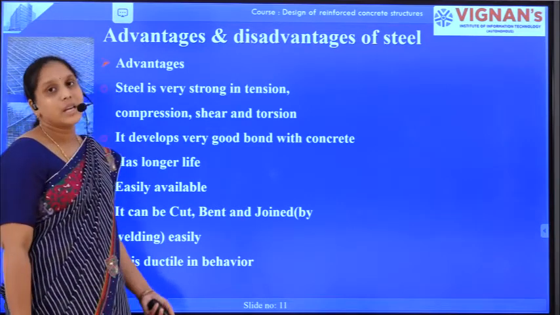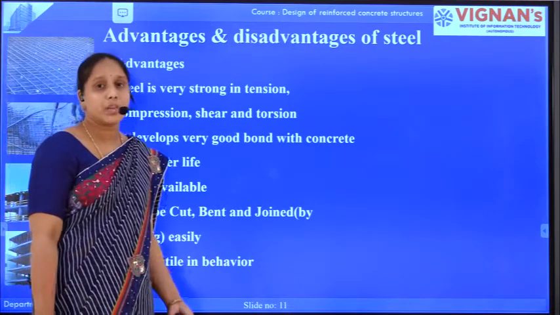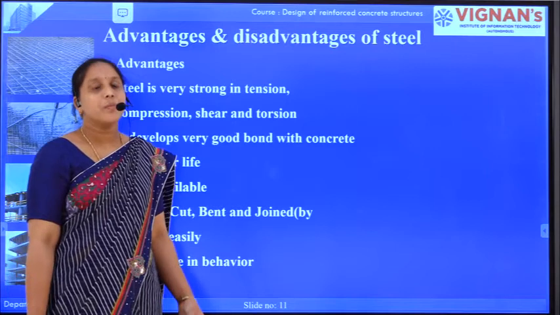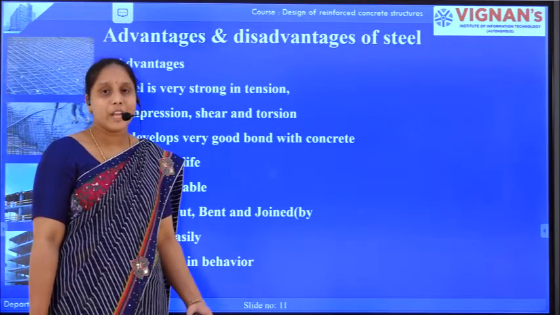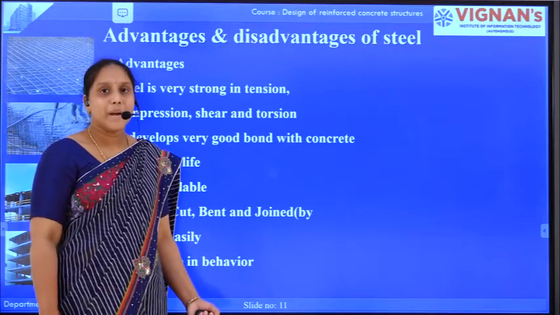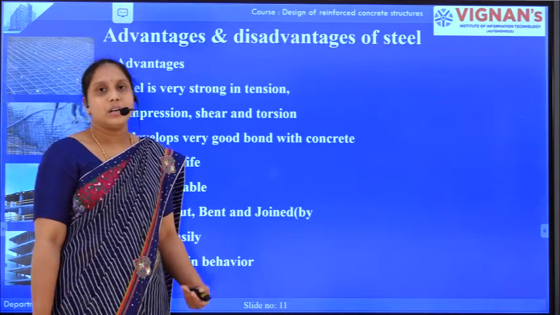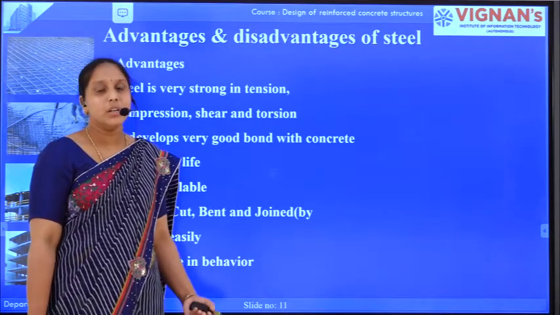And steel is ductile in behavior. Ductile in behavior means that due to the application of loads, the steel doesn't fail easily. Before failing it will bend or deform, so that it gives us sufficient warning before the failure.